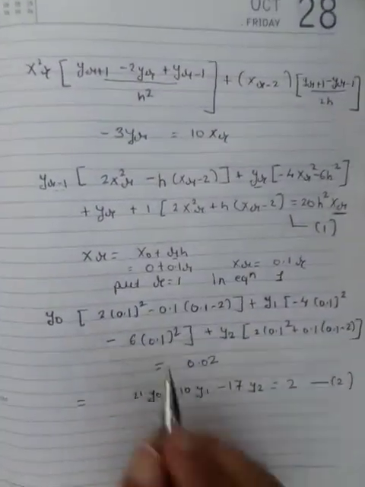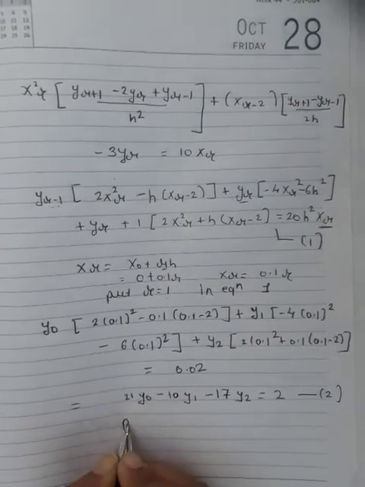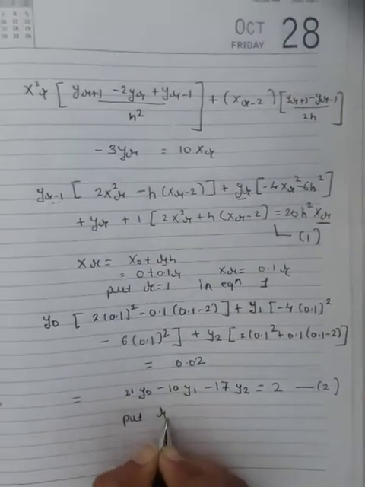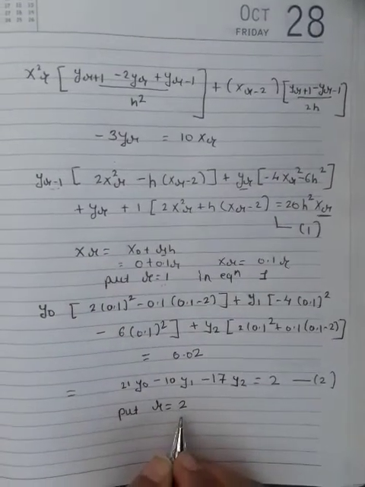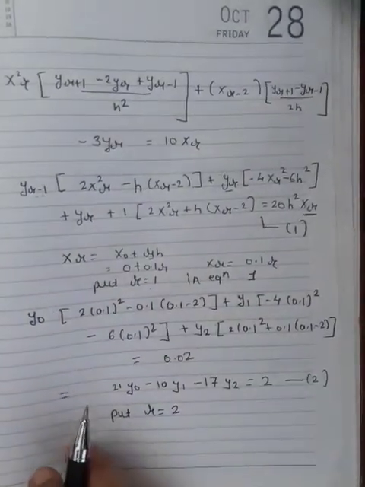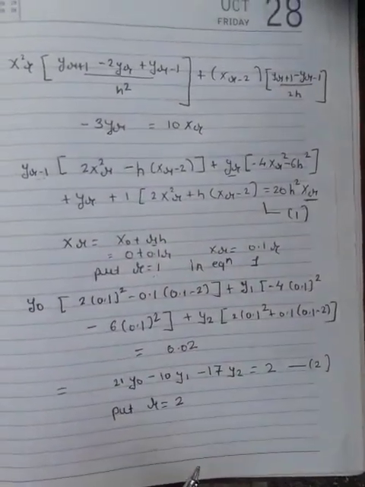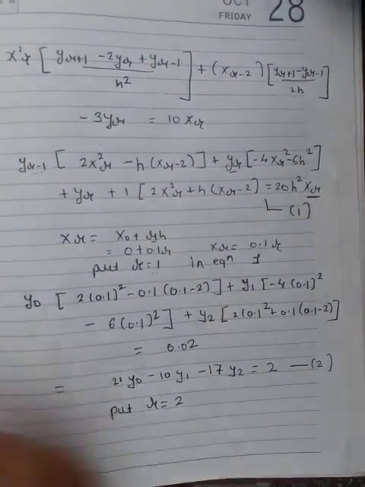Okay. Now similarly what you have to do? You have to put r is equal to 2 instead of 1 and rewrite that equation. So directly I will write this equation.